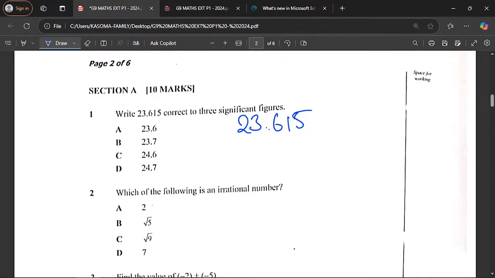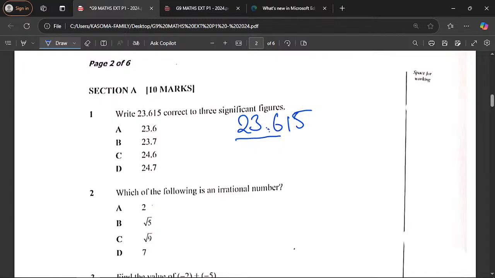And if we have a zero in between non-zero numbers, then that zero becomes a significant figure. But here, as you can see, the first three digits we have are significant figures. So there is no zero there.